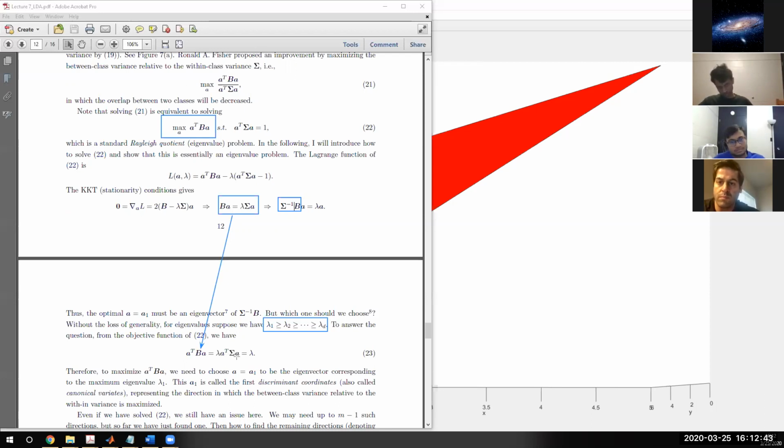Because I have this constraint here and here, this value is 1. That's the reason why A^T sigma A equals 1. So this is equal to lambda.